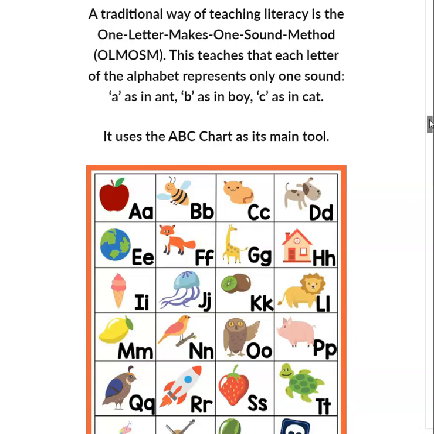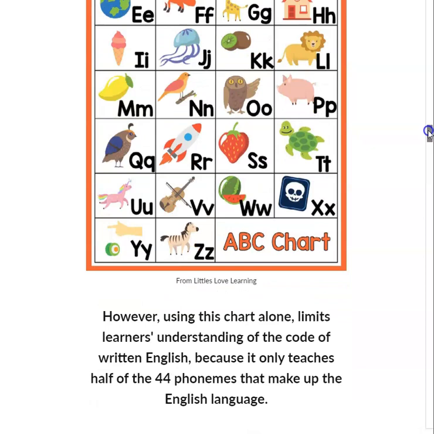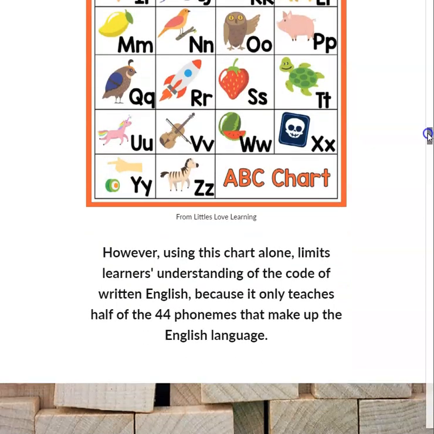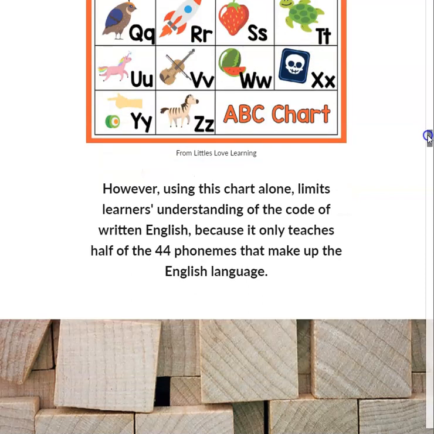And it uses the ABC chart, or the alphabet chart, as its main tool, as seen in this picture here. However, this chart is very limited and it can reduce learners' understanding of the code of written English because it only teaches half of the 44 phonemes that make up the English language.